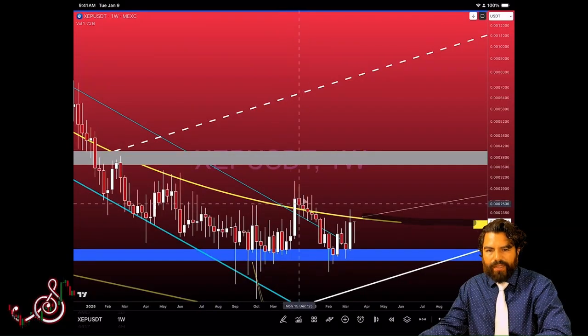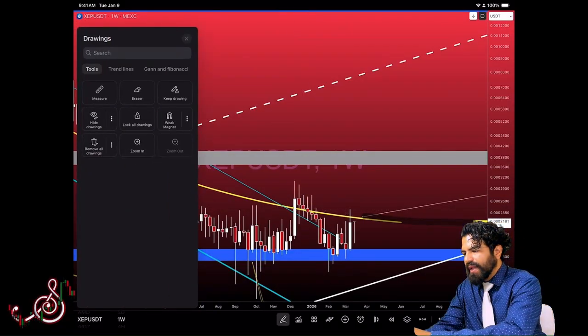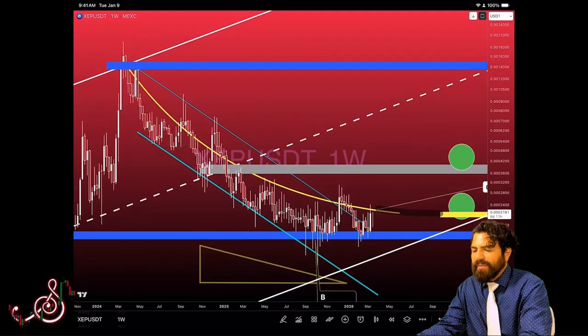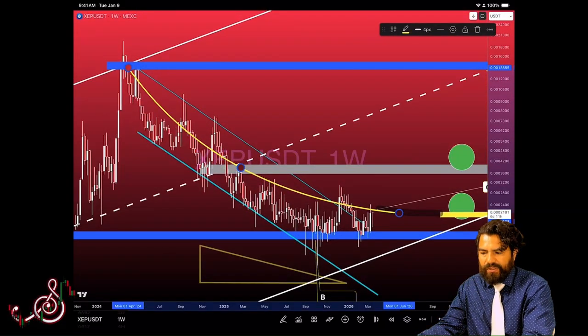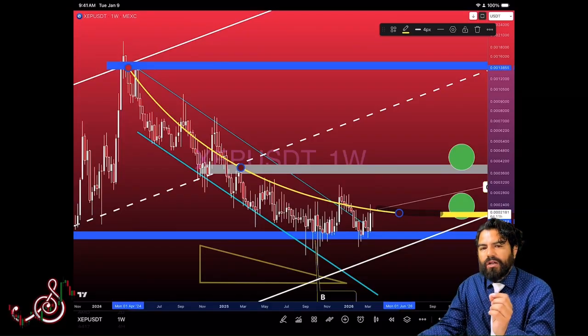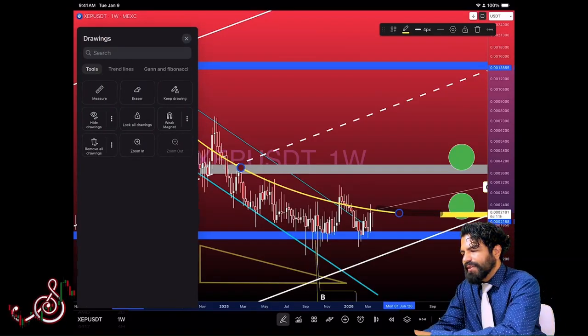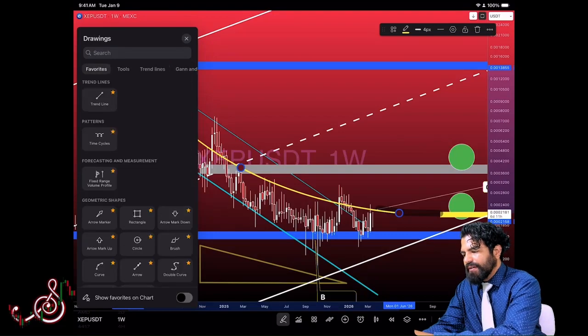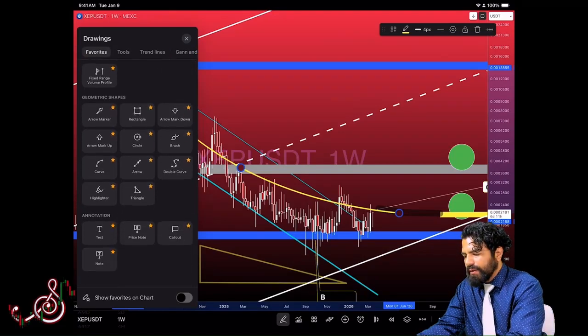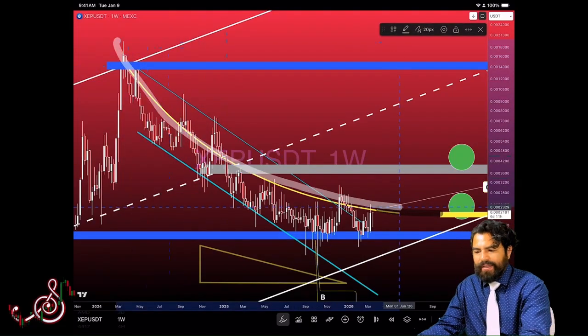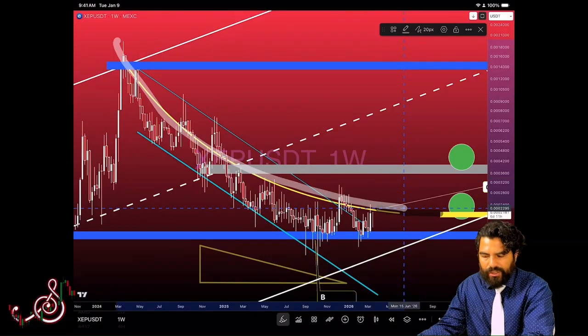So I'm not looking for weekly closes above here because we have so much evidence that the parabolic is not responding to this. So I really want to make sure that the candle breakouts that I'm looking for are not on the weekly chart. Does everybody understand that? This line did not originate on the weekly chart.